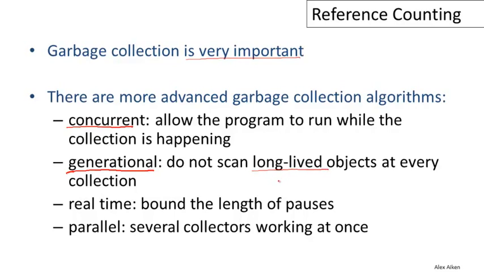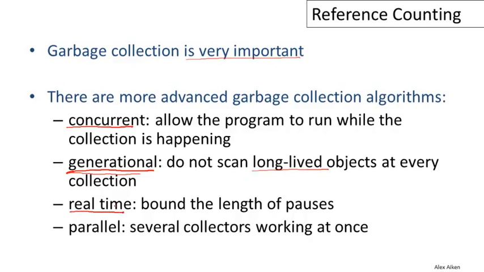And once we've seen them in a couple of collections, we probably can assume that they're going to be around for a few more collections. And so in a generational collector, older objects that have been around for a while are put in a separate area and they're collected less frequently. And this just allows the collector to focus on the objects that are most likely to be garbage, which are the recently allocated objects.